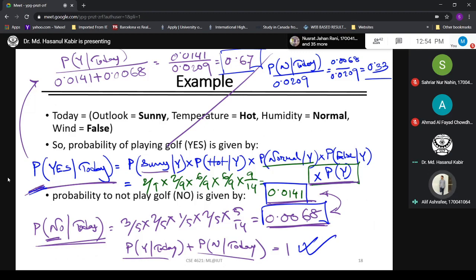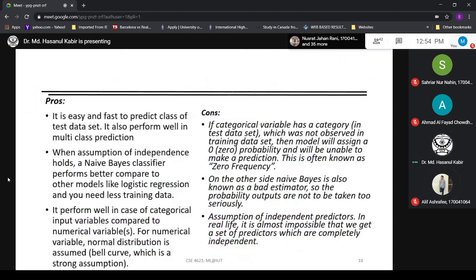Yes, sir. So these are basically the pros and cons, that means the advantages and disadvantages of the Bayes classifier. Just have a look, okay? The main difficulty with this Bayes classifier is that if you have a zero probability, whenever you do this multiplication, you will be unable to make a prediction. This is often known as the zero frequency problem.